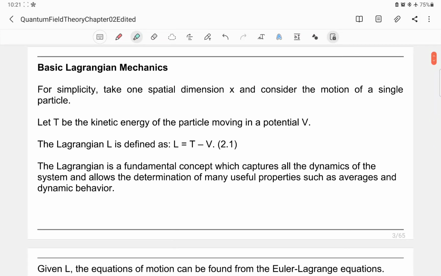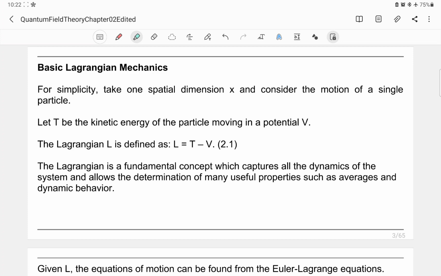First we'll go to the basic Lagrangian mechanics that we've studied in classical mechanics. For simplicity, we'll take just one spatial dimension, say x, and consider just the motion of a single particle. T denotes the kinetic energy of the particle, and V denotes the potential energy of the particle.